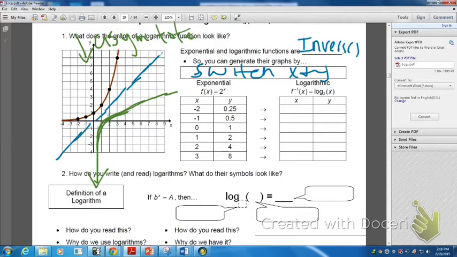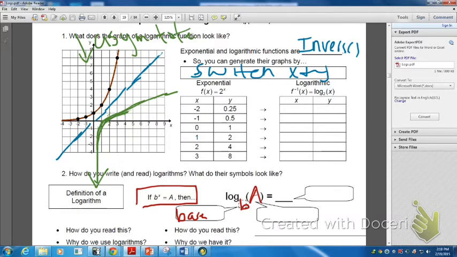All right, so how do we write this log? How do we put all this together? Let's come down here. If b to the x equals a, then rewritten as a log, it would look like this. We would have log base b, so that's your base, of a.